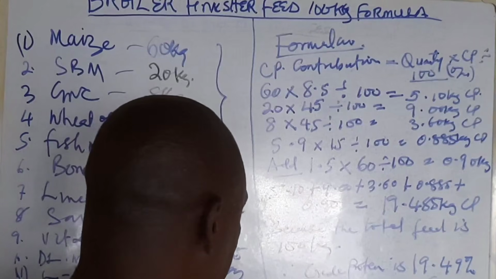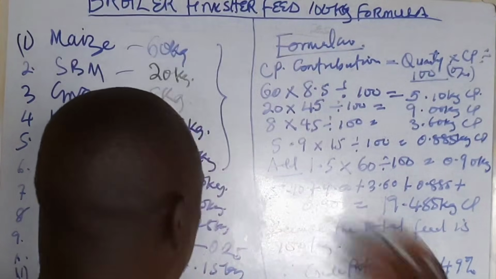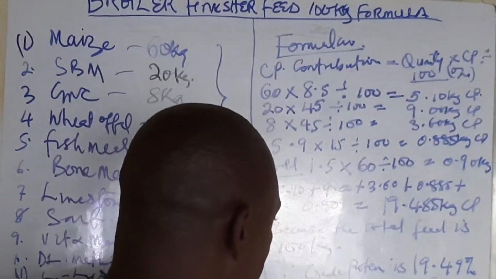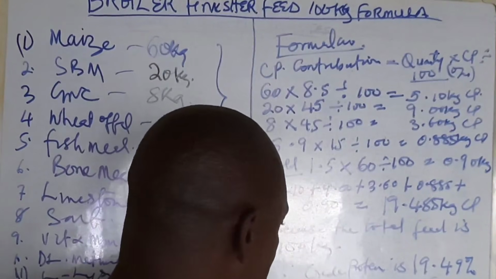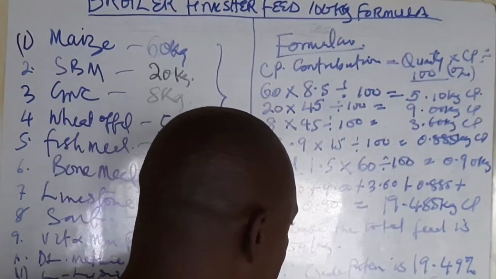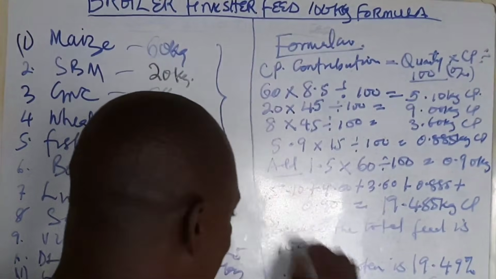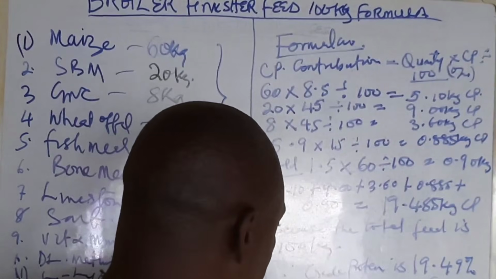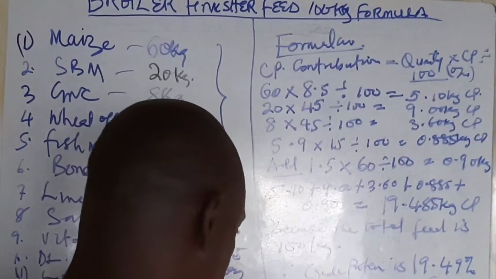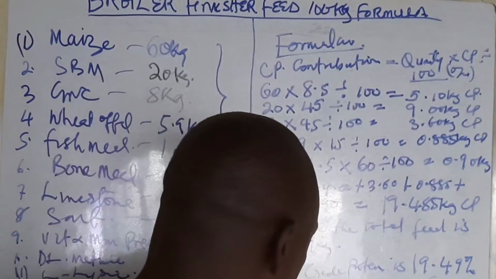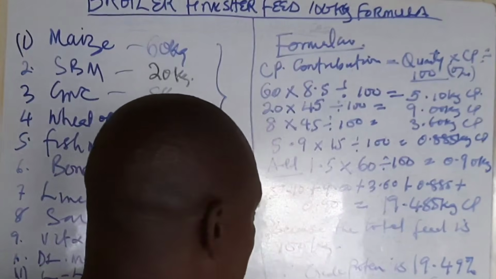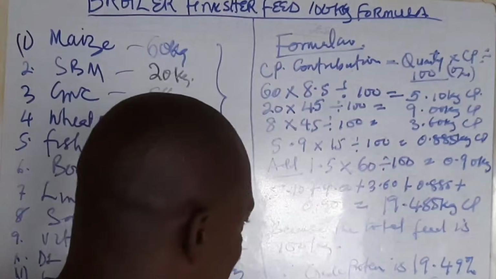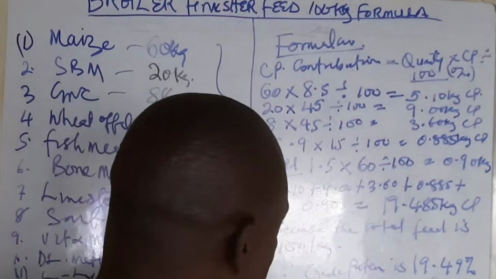Energy, ME, if you calculate it also, it's going to give you 3,150 kcal per kg. Then fat will give you 5.2%. And others, you have seen the cashew and you have seen others.